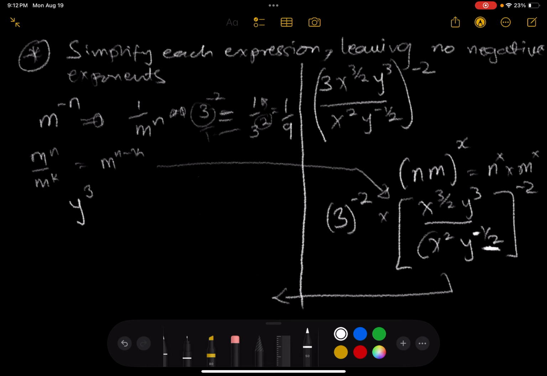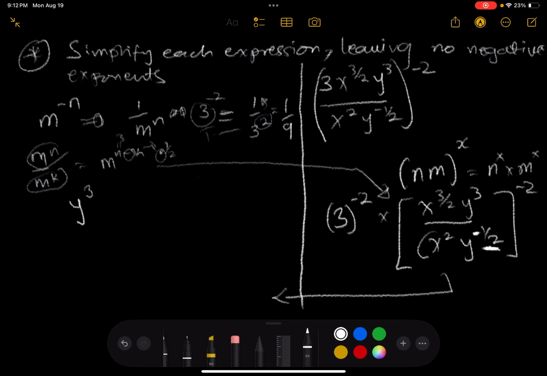If you have m to the power n over m to the power k is equal to m to the n minus k. Now, in this particular case, your n would be 3, and your k here would be minus 1 over 2. What happens? You have two negatives. You have this minus, and you have the minus there. They add up, they become a positive.